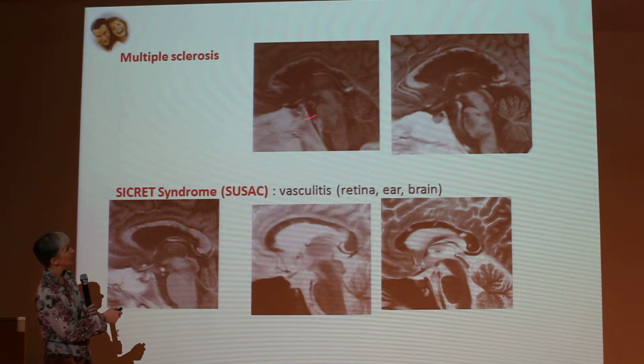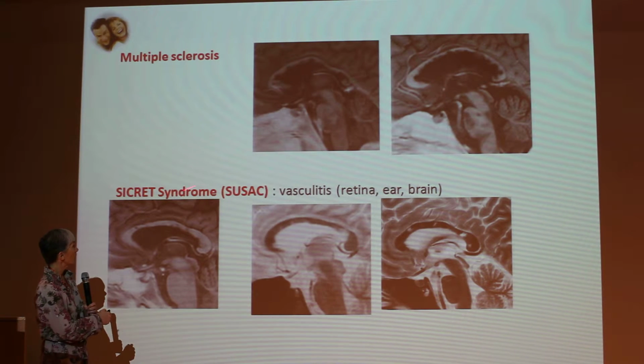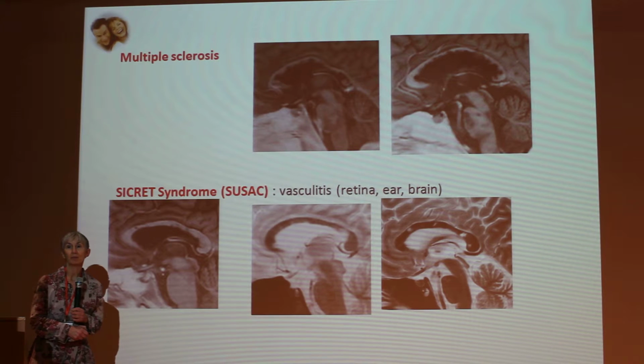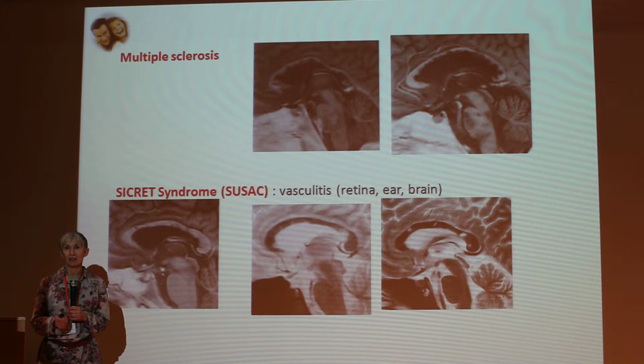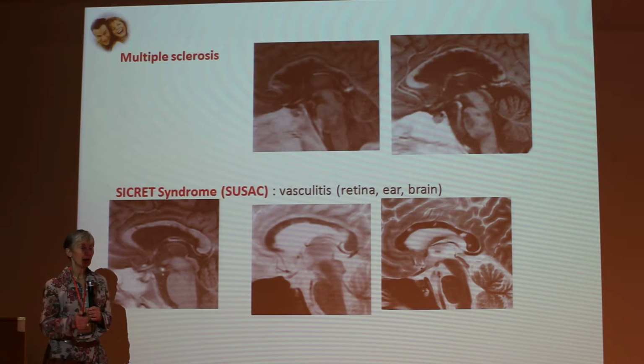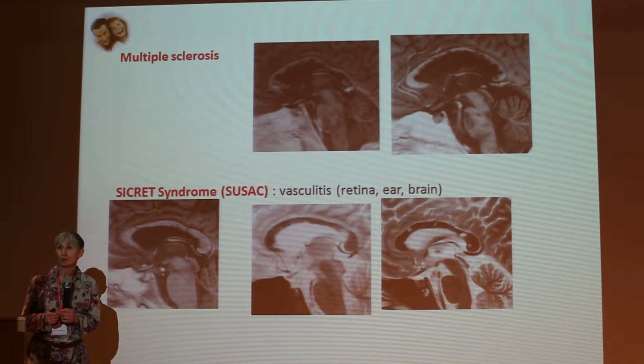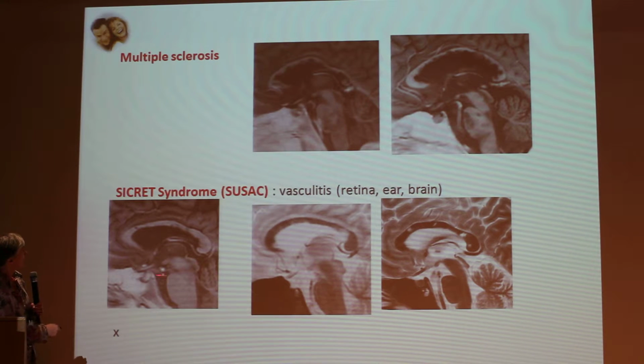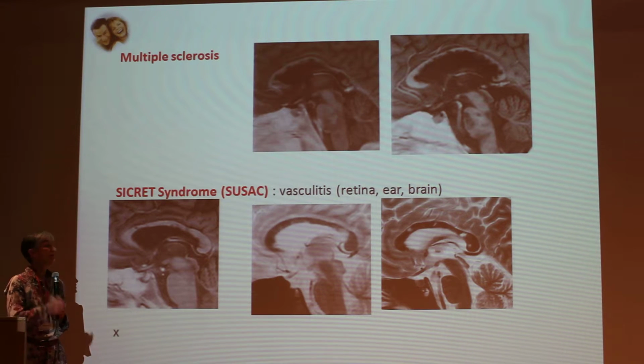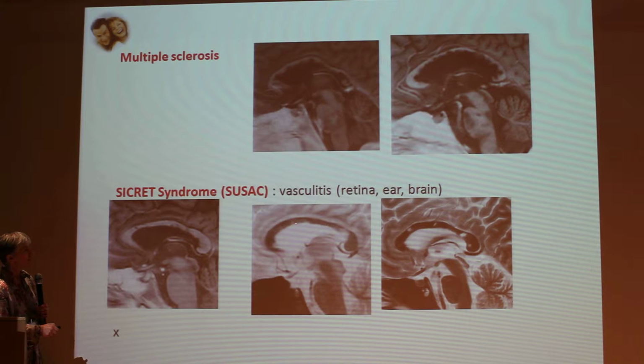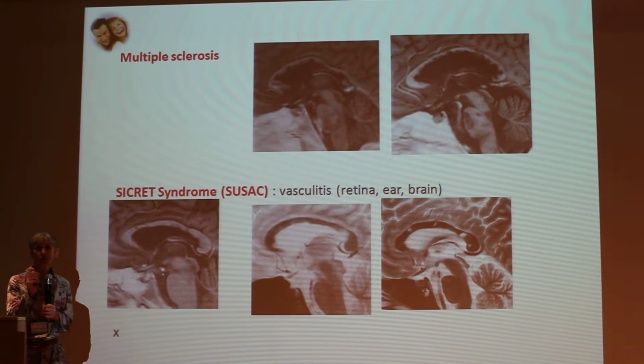When there are numerous, the corpus callosum is big, but also more than multiple sclerosis, and specifically when there are only lesions of the corpus callosum, you have to think of Susac syndrome, which is a vasculitis which touches retina, ear, and brain, and which makes those little spots corresponding to scars of vasculitis.